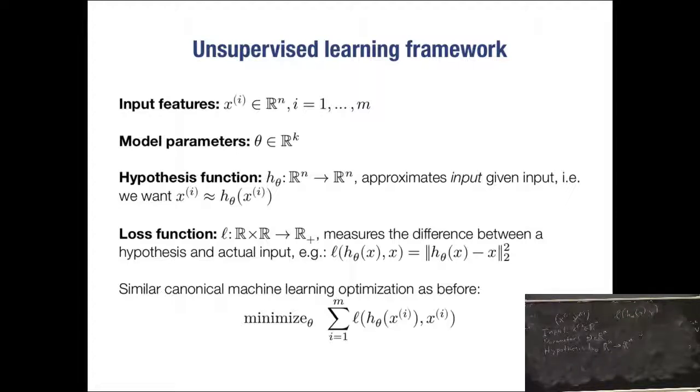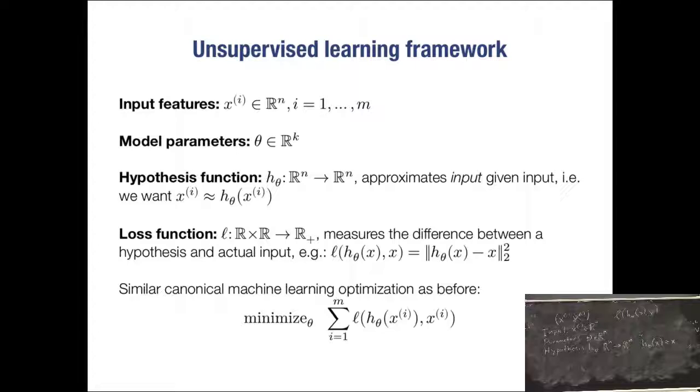What we want in unsupervised learning is for our hypothesis to approximately recreate the input. I'm going to talk about what I mean by that in a second. It will become clearer when I give the two examples of k-means and PCA, how they are both doing this exact thing. But this is the idea.